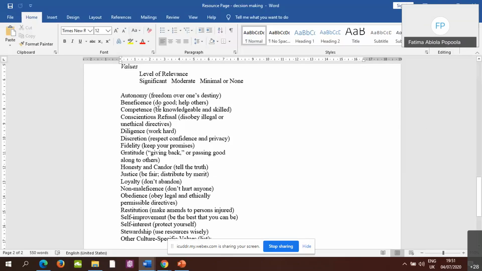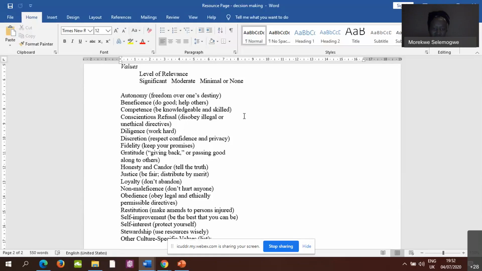Well, I think for the counselor, there is the value of conscientious refusal, like disobeying something illegal and unethical. So on the part of the counselor, we have conscientious refusal. Okay, tell us, in what way is this value applicable?